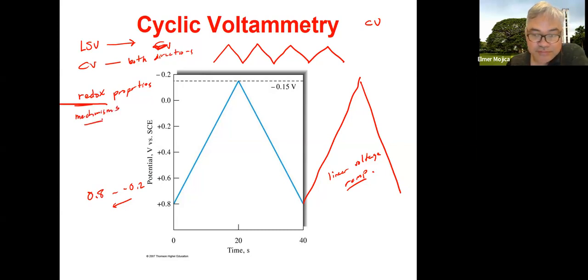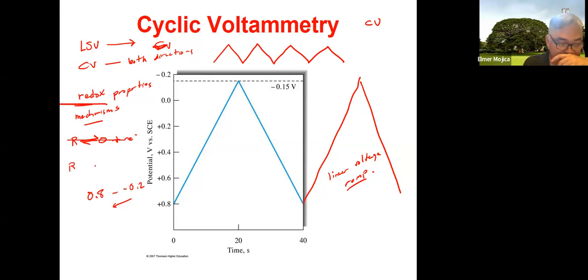So maybe in one direction you have the reduced form being converted to an oxidized form, and then the oxidized form being converted back to the reduced form.